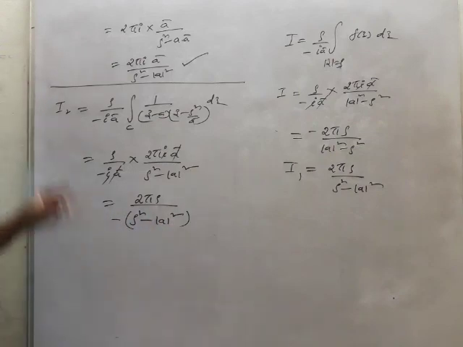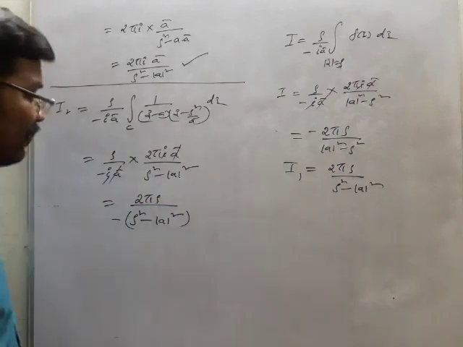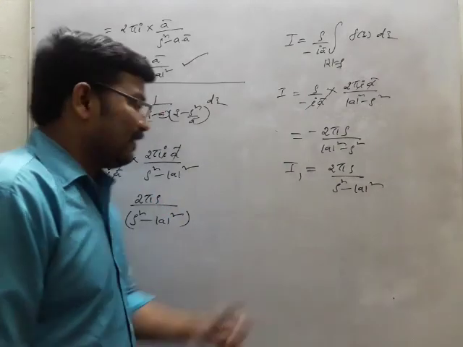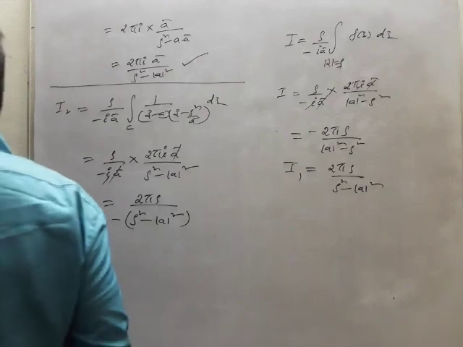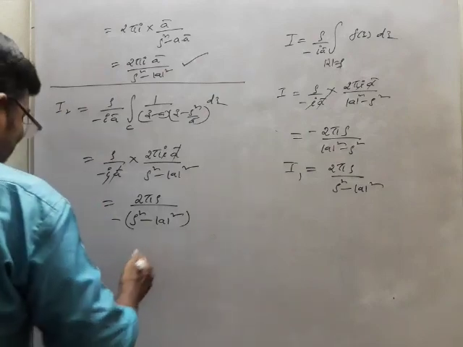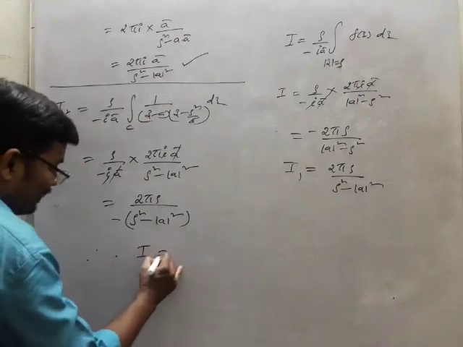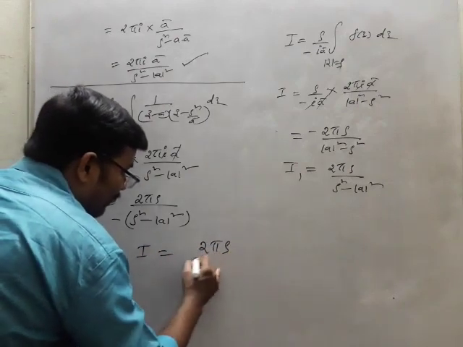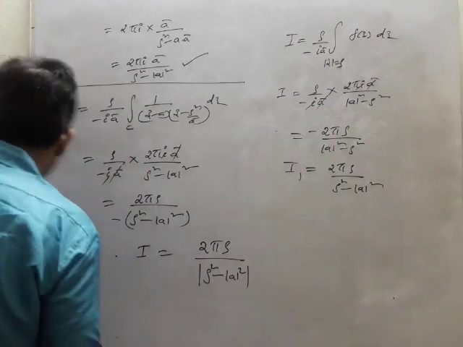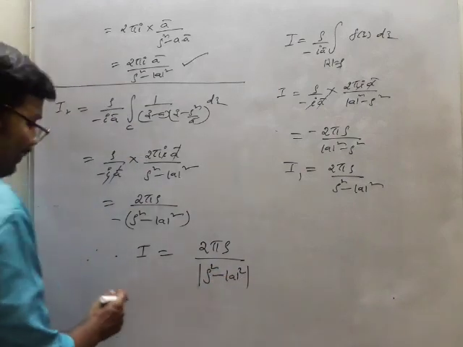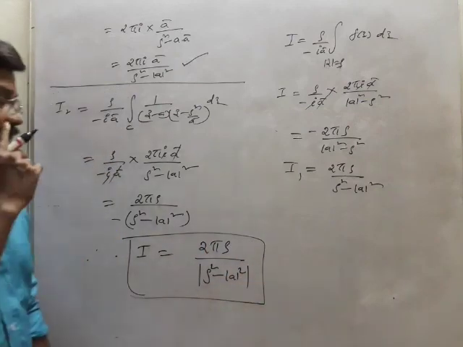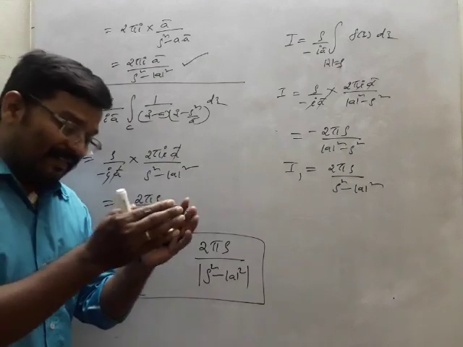Now what did you get from I1 and I2? One is minus, the other one is plus. So simply we can write the combination of I1 and I2. Therefore I is equal to 2 pi rho by mod rho square minus mod a square. This is the value of the problem which we got. We have to remember the two conditions.